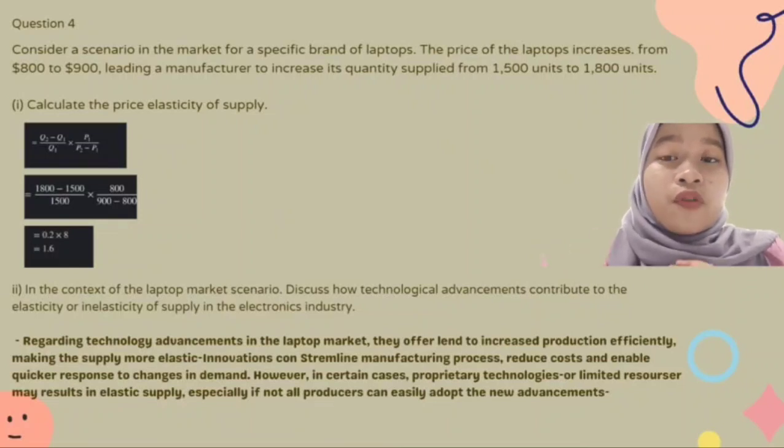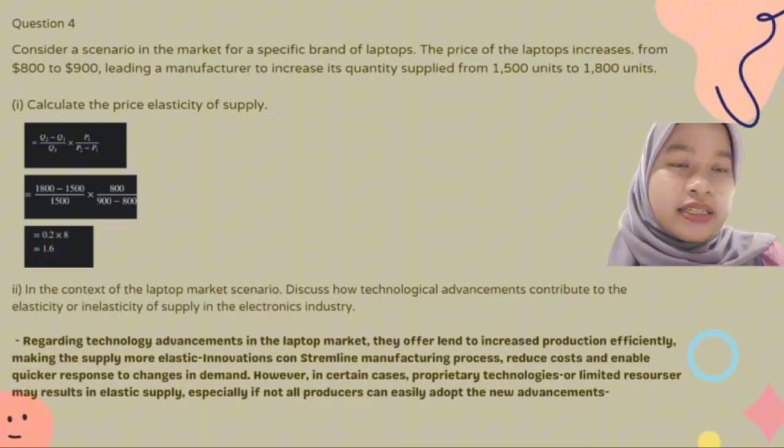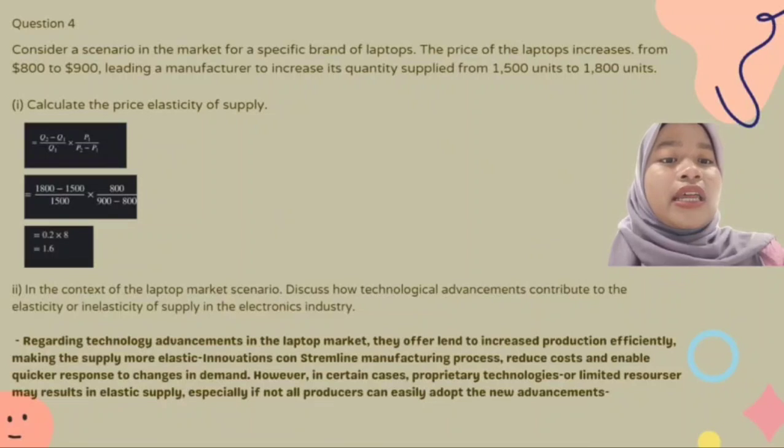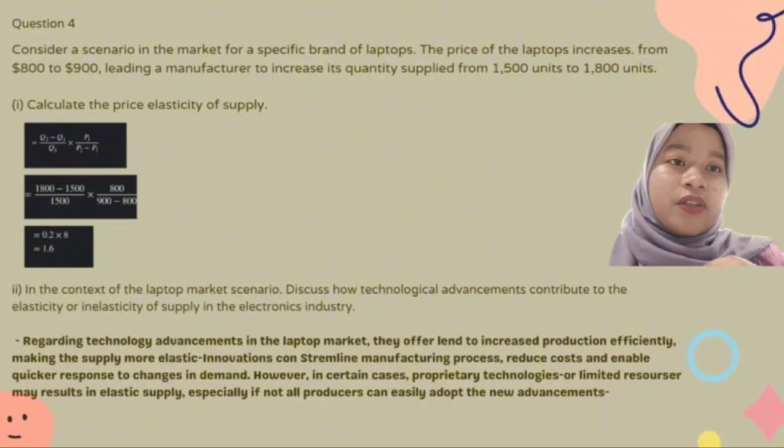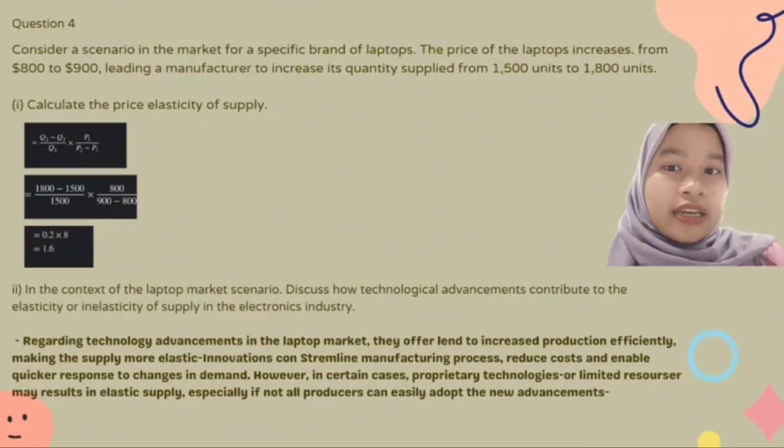You can use this formula: QS, which means quantity supplied, minus Q0 over Q0, multiplied by P0, over P1 minus P0. The answer is 1,800 units minus 1,500 units over 1,500 units, multiplied by 800 ringgit over 900 ringgit minus 800 ringgit, and you get 1.6 as the final answer.